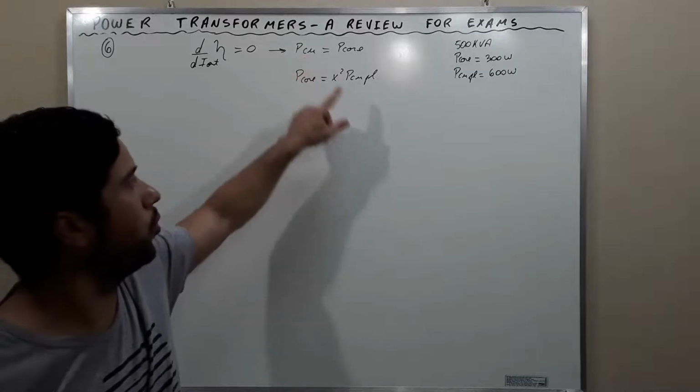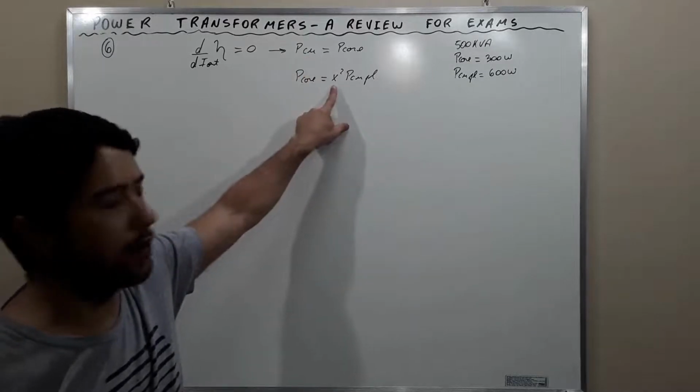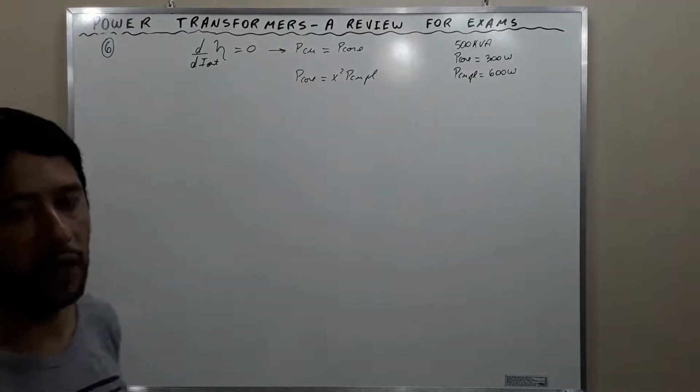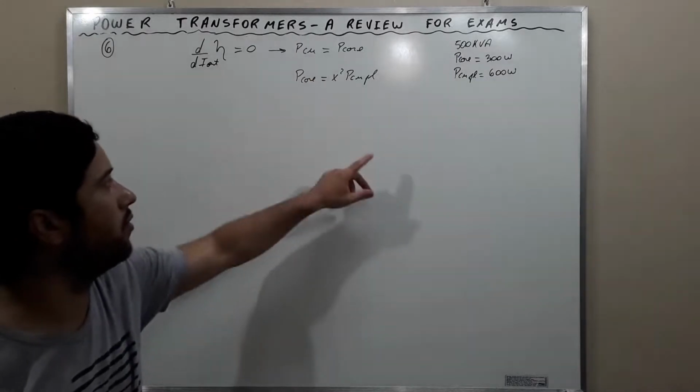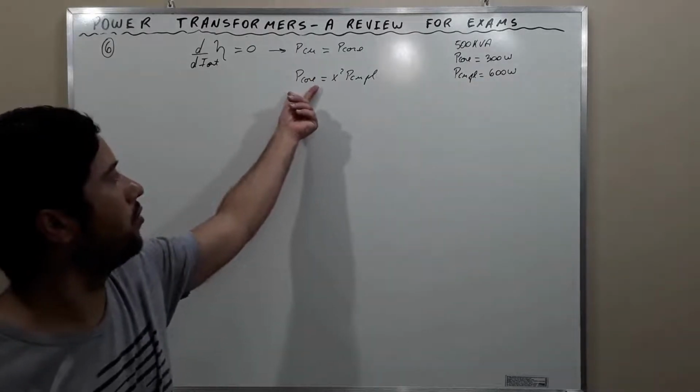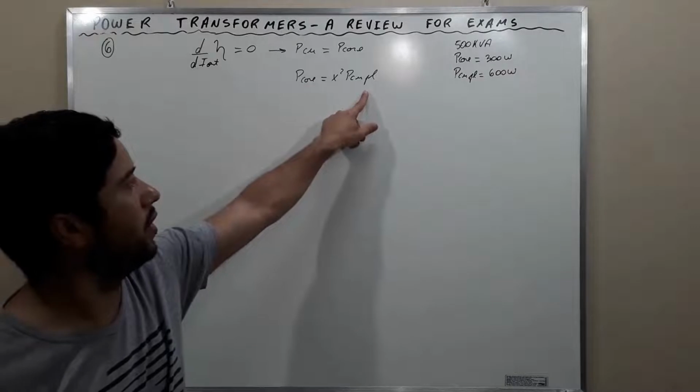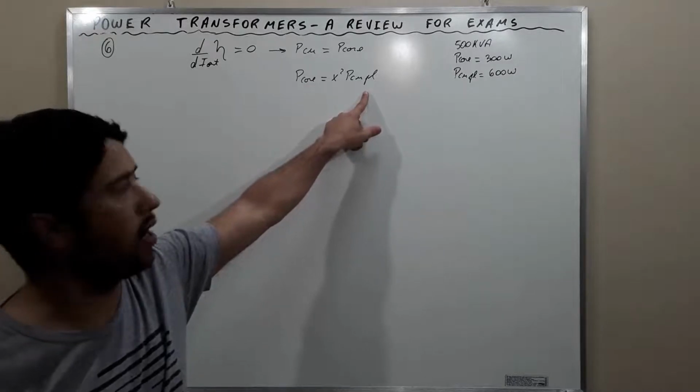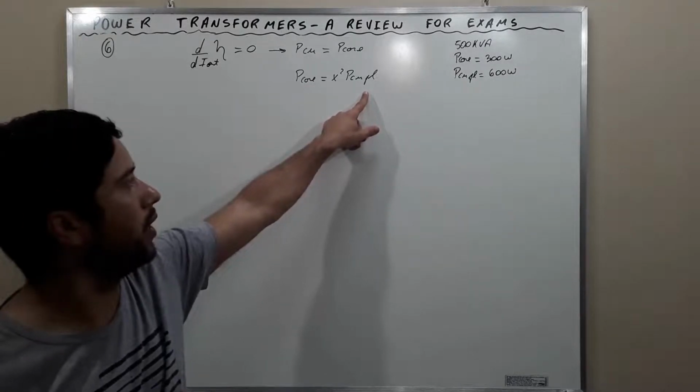This varies with the square of the output current. X is not the output current. It only represents that while this is fixed, this varies with the square of the output current.